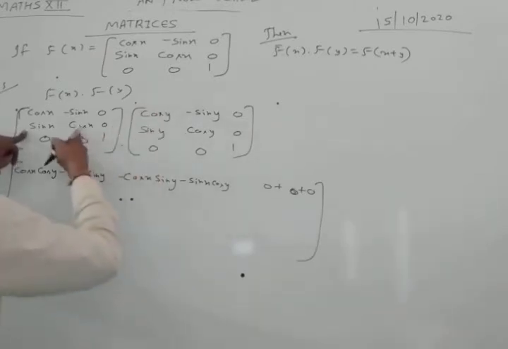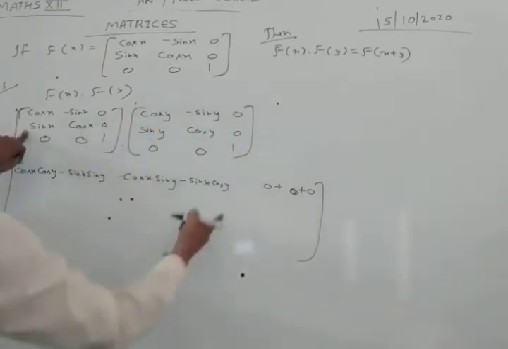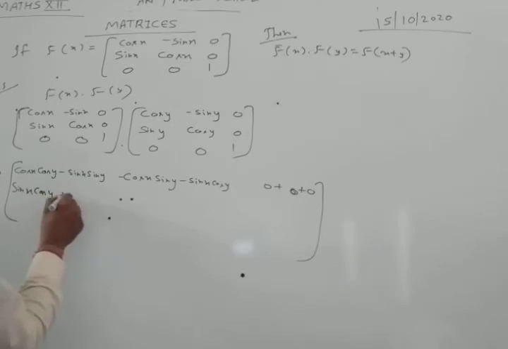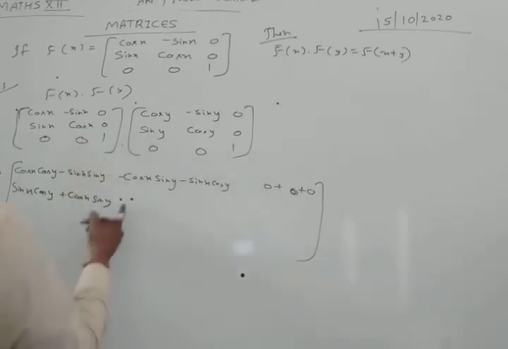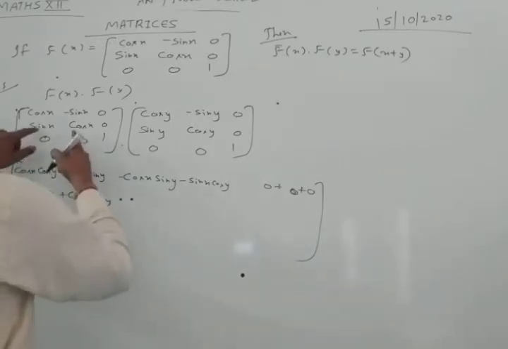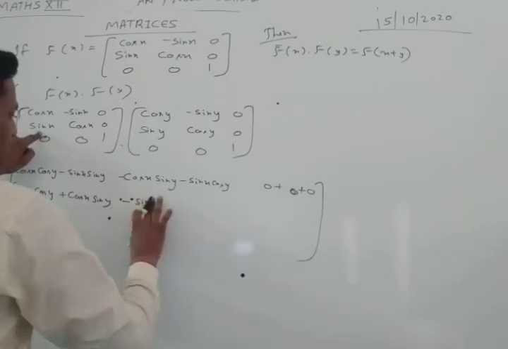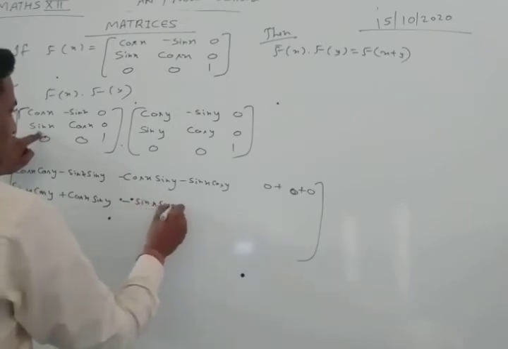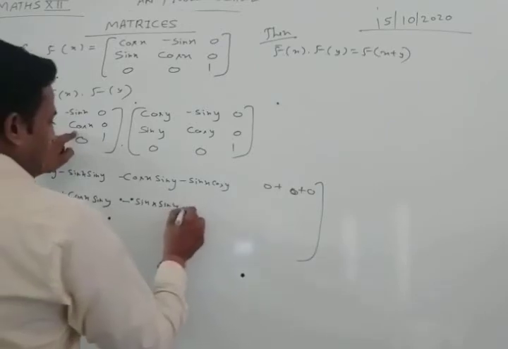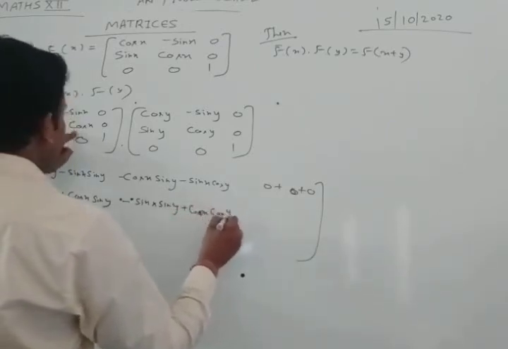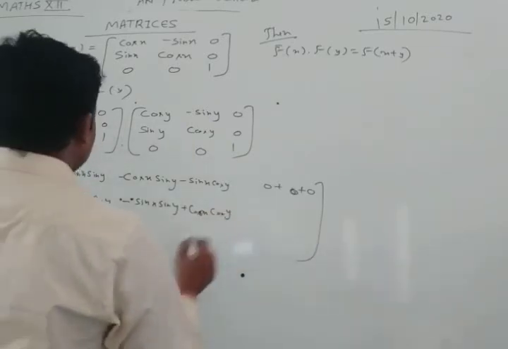Okay. Now the second row, first column, second row, second column, second row, third column. Multiply: sin x cos y plus cos x sin y and 0. Again minus sin x sin y plus cos x cos y and 0.